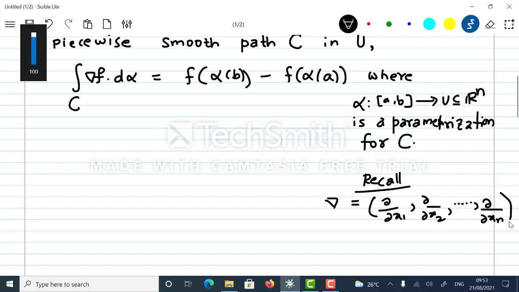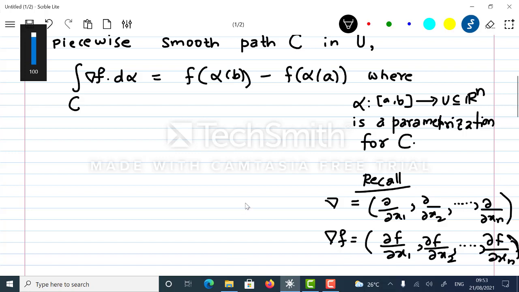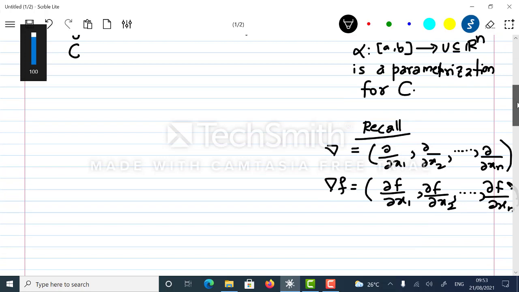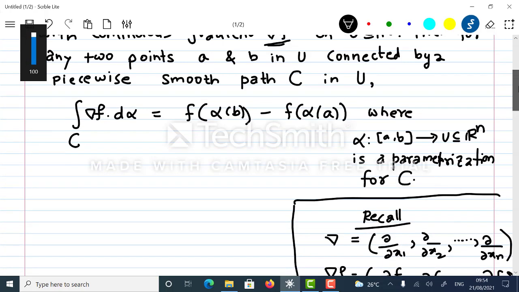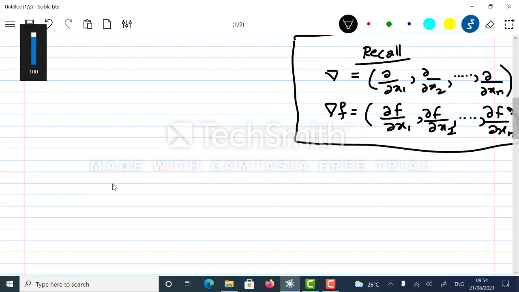So it is a vector quantity, and gradient f will be, if f is a scalar field, f has to be a scalar field, then only grad f is defined, dou f upon dou x1, comma dou f upon dou x2, comma dot dot dot dou f upon dou xn, if it is n vectored in Rn. I hope we all are aware of this, because we have done this in the second year of BSc. So let's go for the proof.